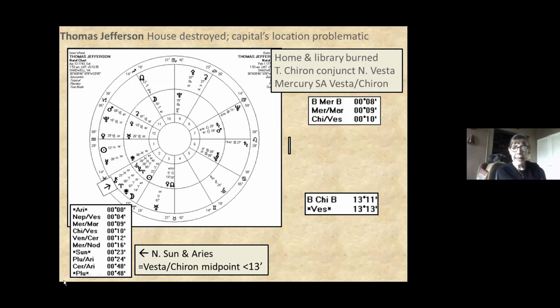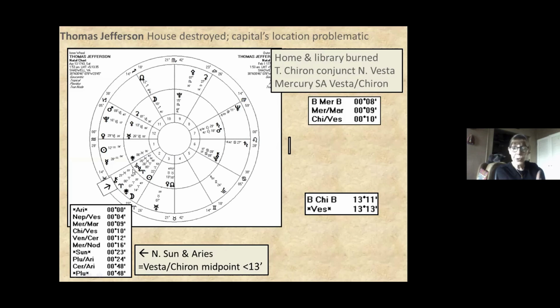At any rate, he had the Sun and Pluto at the midpoint of Chiron Vesta, no greater than 13 minutes orb, let's put it that way. And his home was destroyed by a fire in, I think it was 1771 or something like that. So transiting Chiron was conjunct natal Vesta.